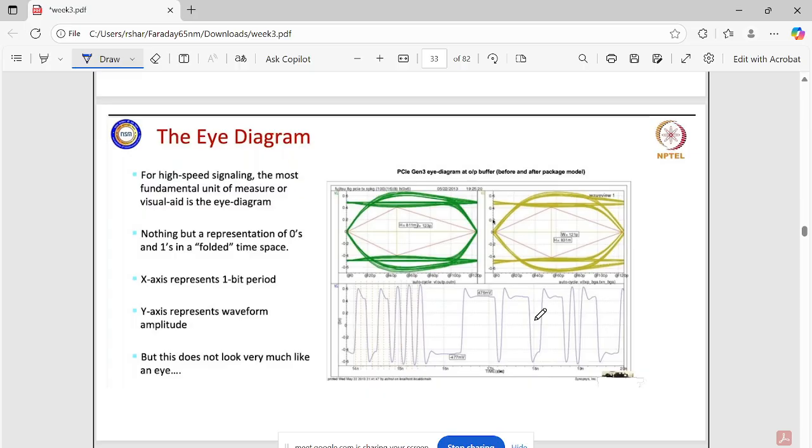When we are sending data on this high speed channel, we will be sending zeros or ones. We have seen in interconnect related papers this kind of eye diagram, that whenever there is a high speed network, it shows a diagram which looks like an eye.